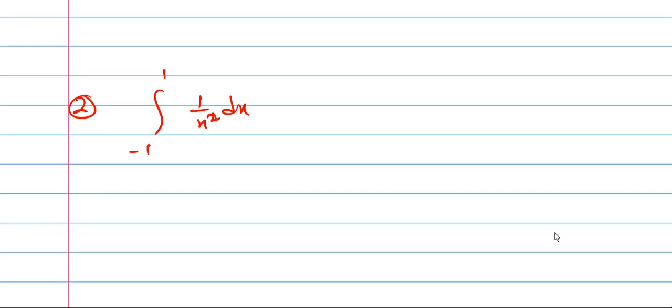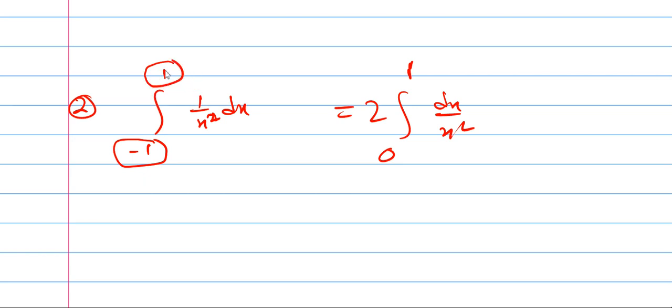Now let's look at one more. Integration minus 1 to 1 by x square dx. So what you can do, 1 by x square is an even function. So this is nothing but 2 times integration 0 to 1 dx upon x square. If you calculate directly, then your answer will be finite, but that answer will be incorrect, because in the interval minus 1 to 1 we will have 0 also.